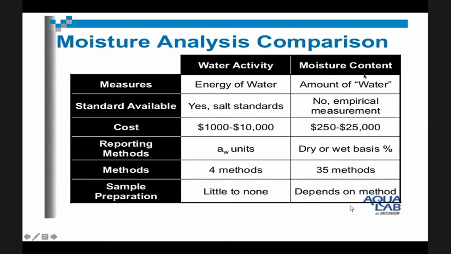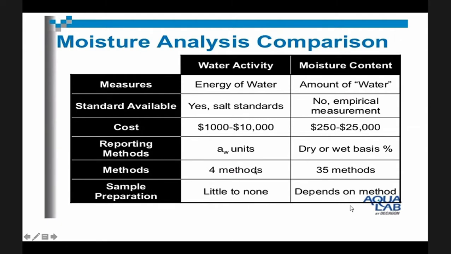While for moisture, none. But you have to have your set of weights calibrated, and also your balance calibrated. If you start wrongly with a defective, uncalibrated balance, of course, your result will be wrong. Okay? So, cost, it's 1,000 in dollars. And reporting methods is water activity units, while moisture can be reported as dry or wet basis or as received basis.